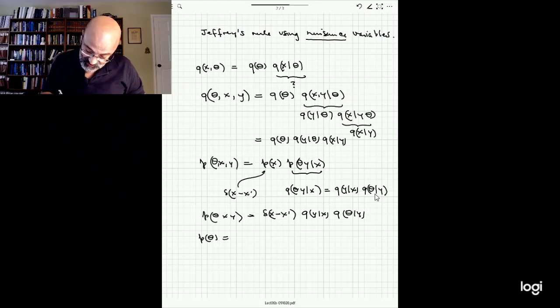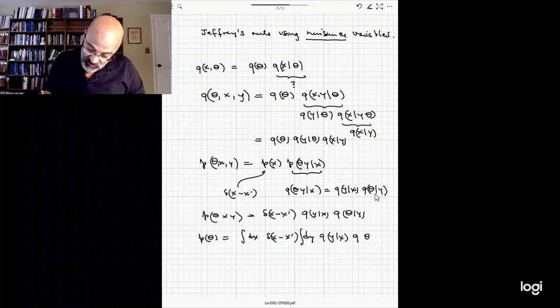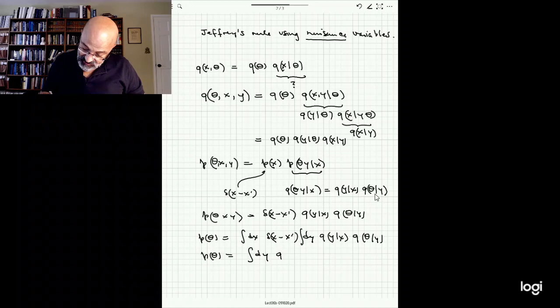I should actually just write it all out. dx minus x prime, integrate dy, q(y|x), q(theta|y), and so this gives p(theta) equal to the integral over dy of q(y given x prime) and q(theta given y). There we go.